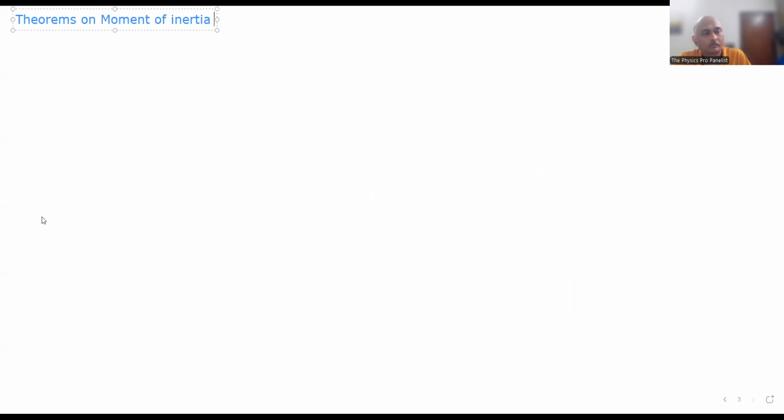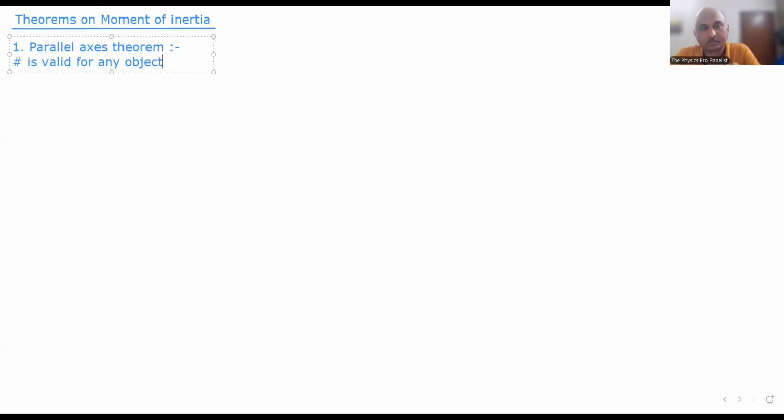So the first theorem is the parallel axis theorem. What does this mean? First of all, the validity of the theorem is that it is valid for any object, whether it is one dimensional, two dimensional, or three dimensional.